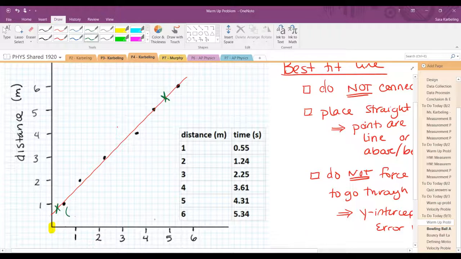It's 1, 2, 3, 4. So each one is a quarter of a second, and I think these are also a quarter of a meter. So it would be like 0.25, 0.5, 0.75. Does that make sense? Thanks for asking. I appreciate that.